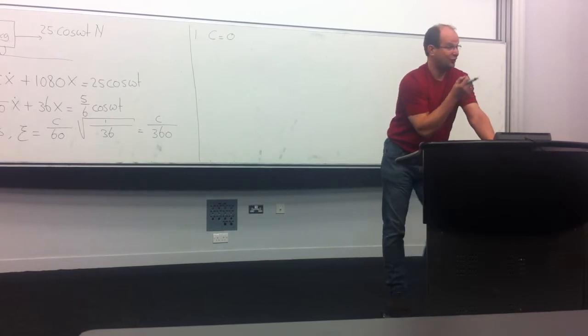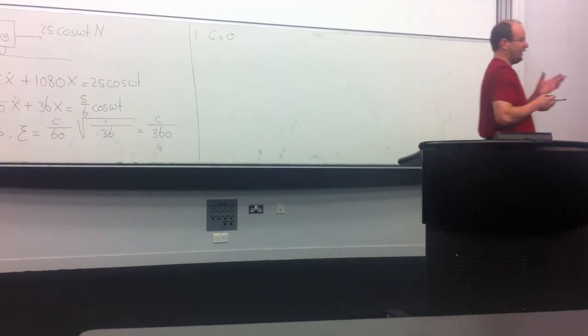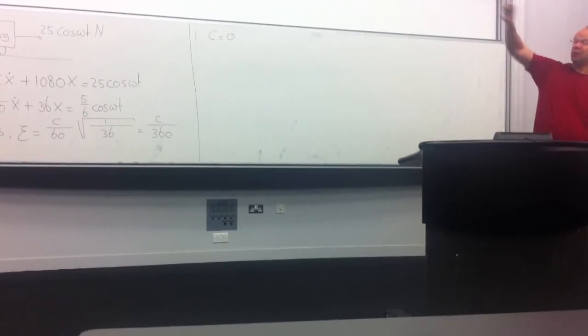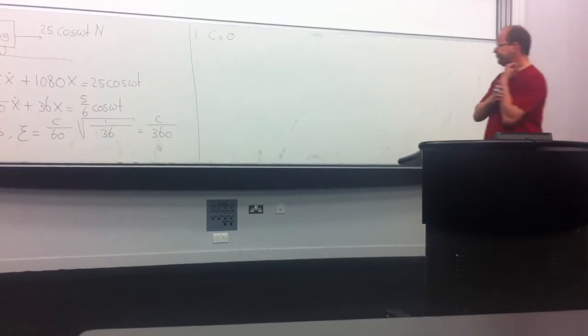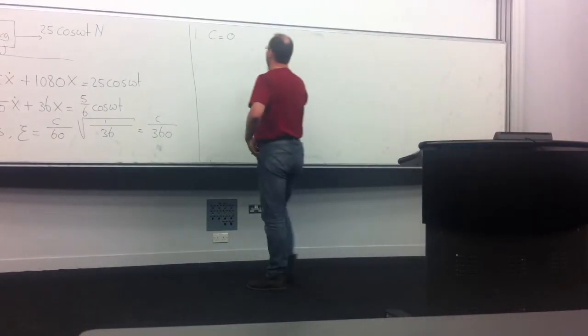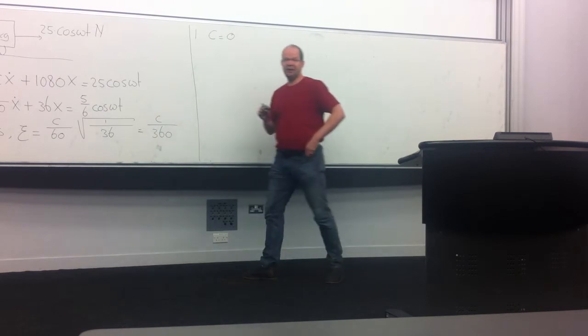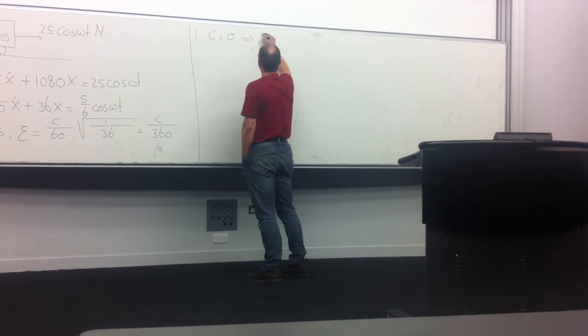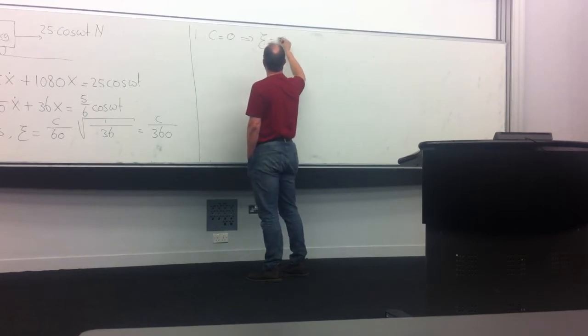So setting C equal to 0 is just looking at a situation where damping is very, very light. But there's still a very little bit of damping, which allows you to still have a steady state response. For the purpose of this exercise, we'll just assume that C is equal to 0 and apply the formula up there. So we take C equal to 0, which by this equation also gives you that zeta is equal to 0.